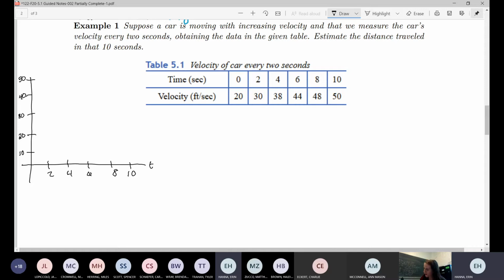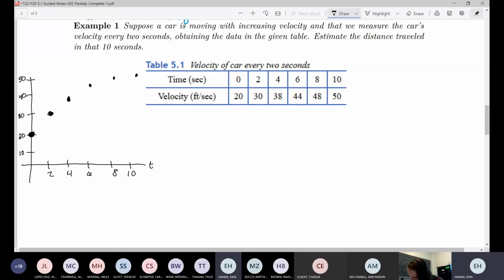So what do we have? We have 0, 20. We have 2, 30. We have 4, 38. And then 6, 44, 48, and 50.